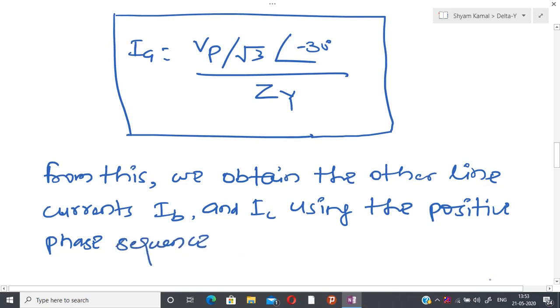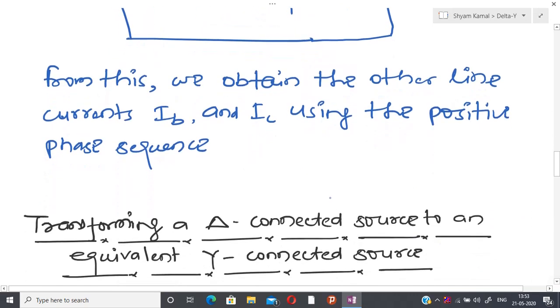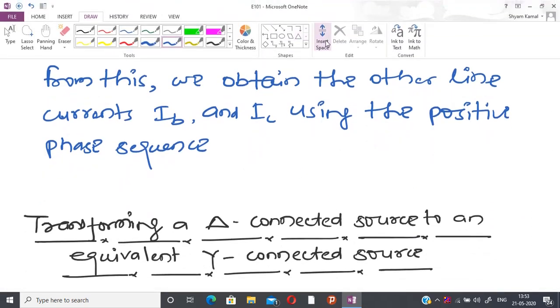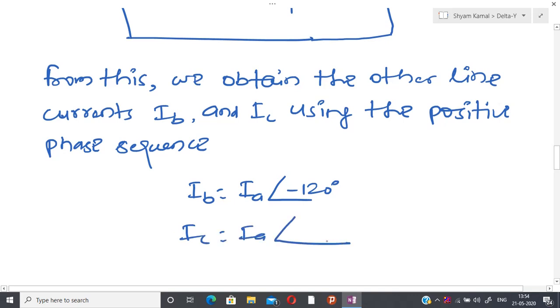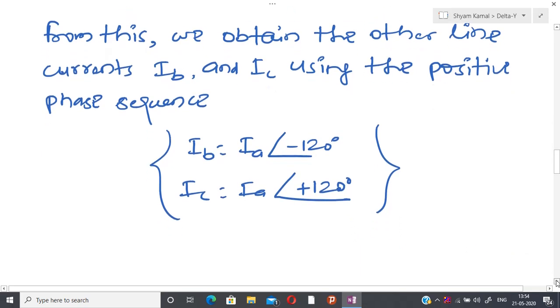Basically, since I know IA, it is possible to comment about IB. So IB is IA and phase is minus 120 degree. Similarly, IC is IA and phase is plus 120 degree. This is due to the positive sequence. If you assume negative sequence, then the result is obviously different.